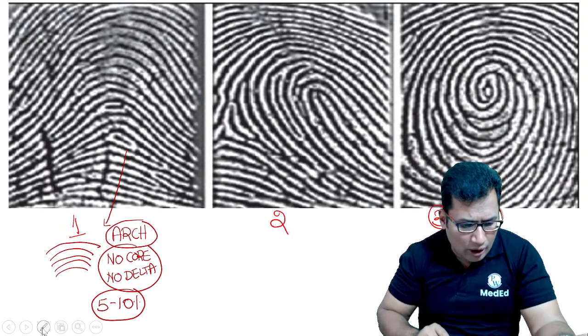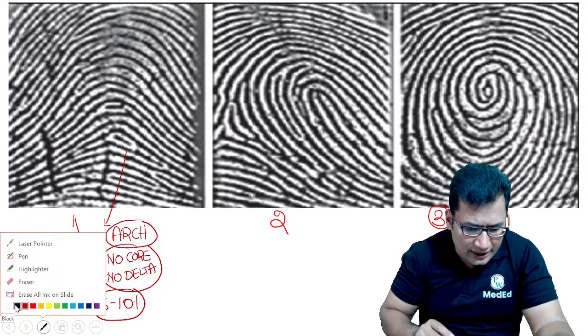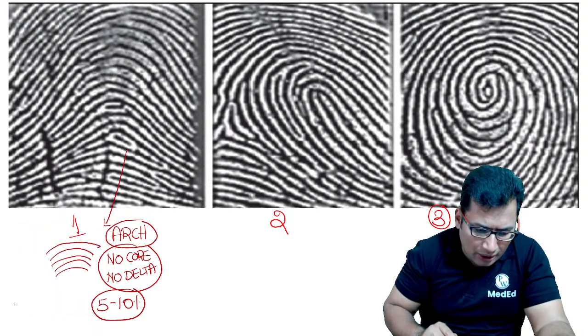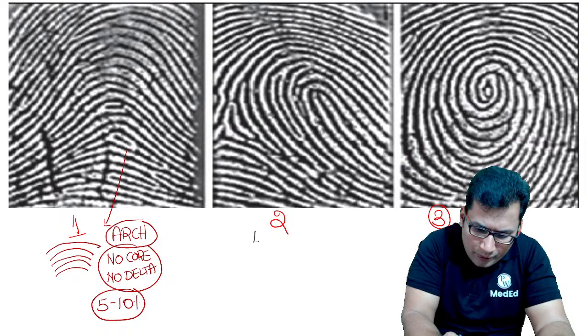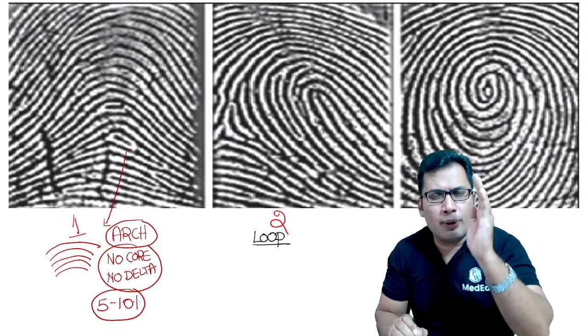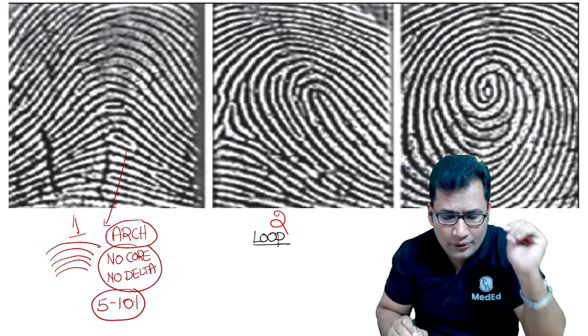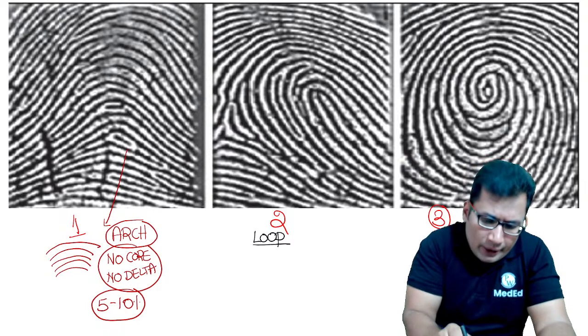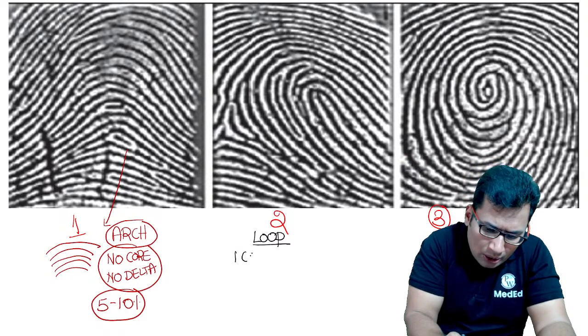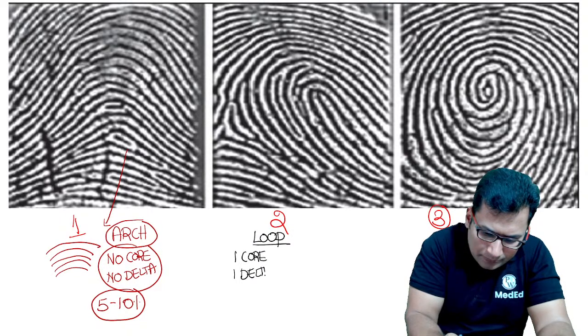The second one is loop. Remember, in loop the entry point and exit point are on the same side, and there is one core and one delta.